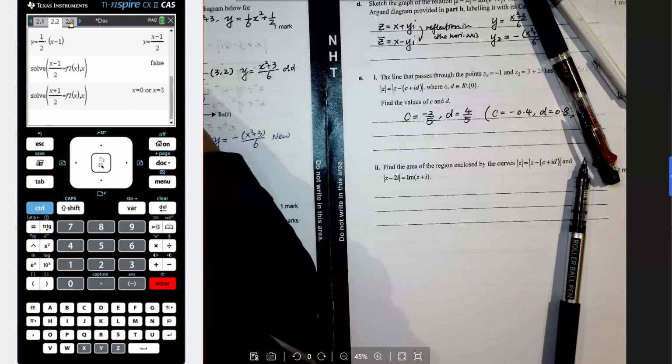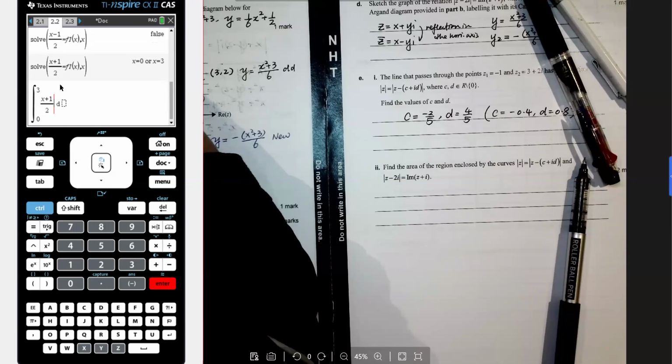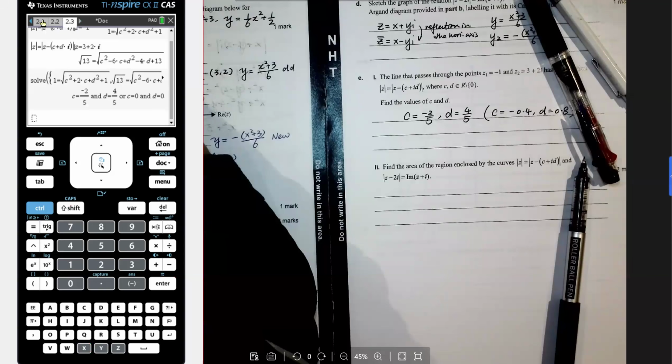Oh, it's 0 to 3. So I actually need to get, let's say, 0 to 3 and do an integration. We have this one subtracting f1 of x. Oh, this answer is very simple, 3 over 4.